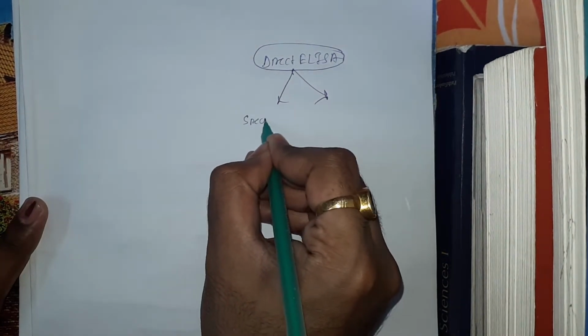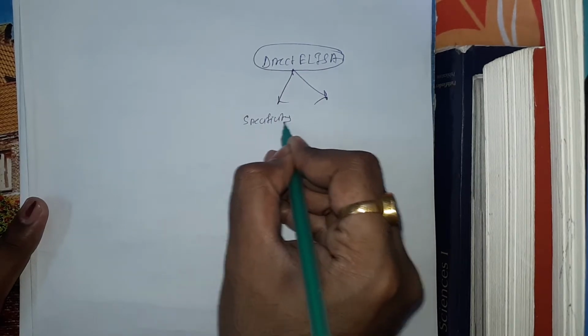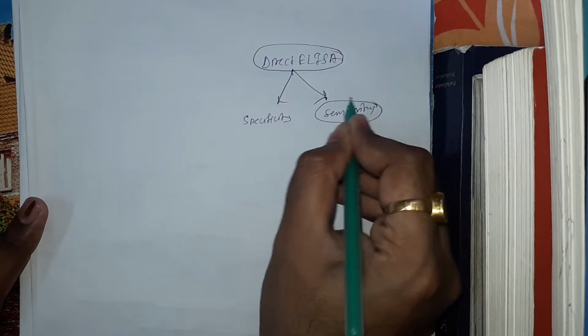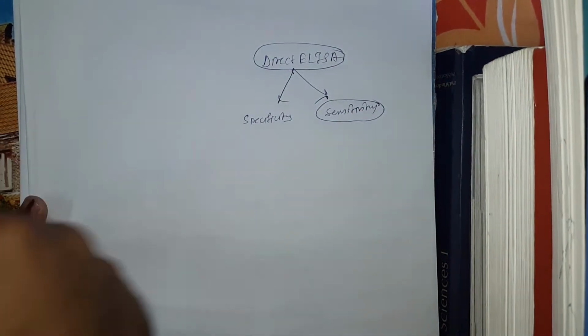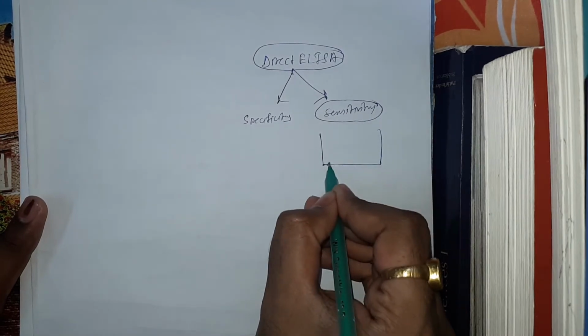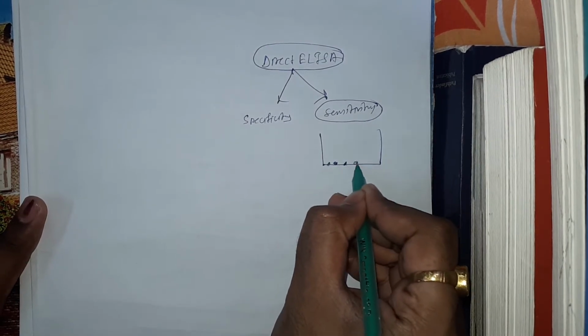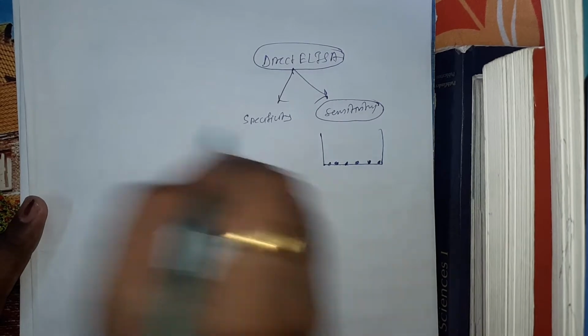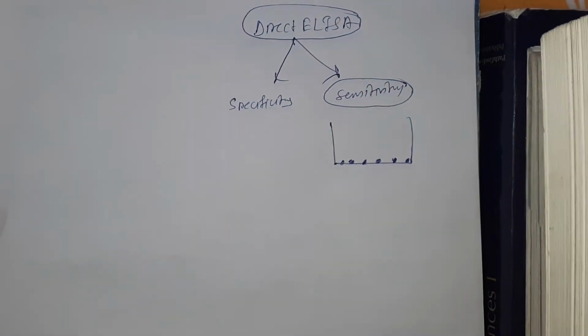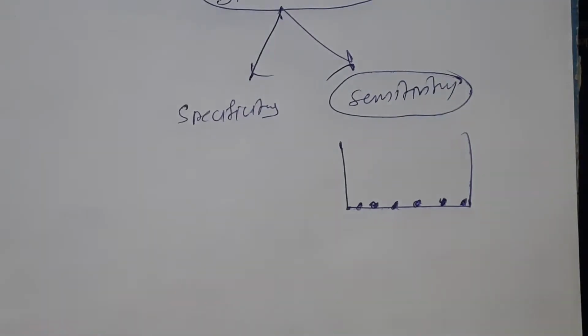One is specificity, another one is sensitivity. Sensitivity is a problem when we are dealing with a very complex sample containing multiple antigens. That means in the microtiter well there will be multiple antigens along with your antigen of interest. So only a primary antibody finds it difficult to produce a higher intensified result.